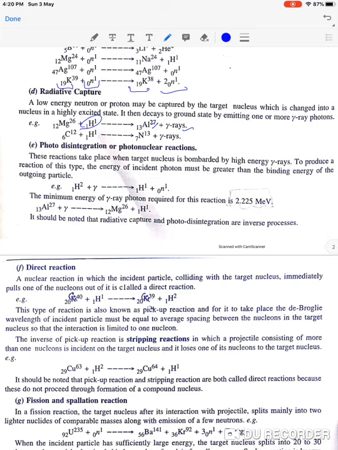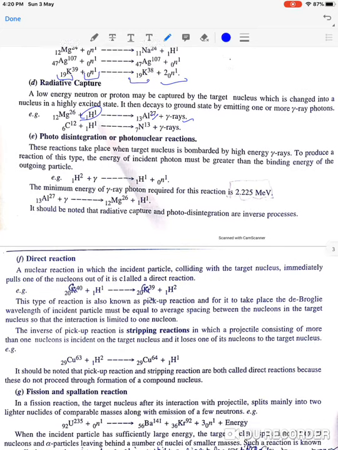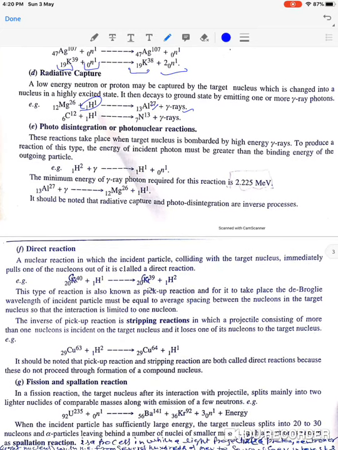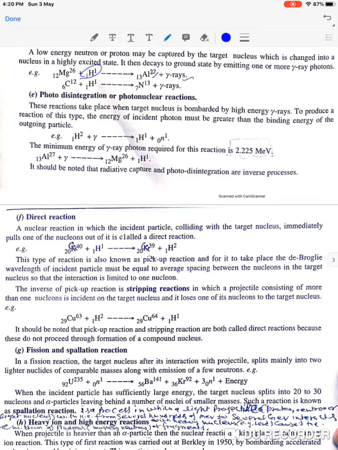Okay, the next reaction is photodisintegration, or photonuclear reactions. In the photodisintegration process, we bombard high energy photons on a particular target, and we get a different nucleus with different outgoing particles. The outgoing particles may or may not be radiations.